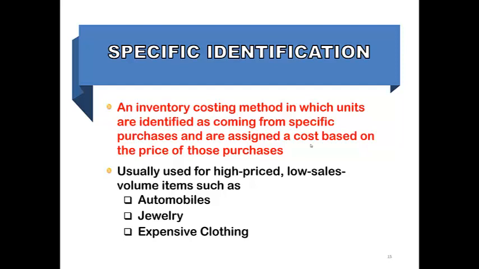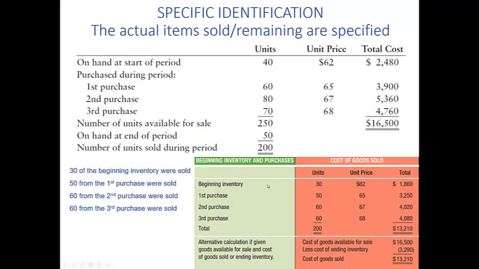So for example, car dealers, when they get a truckload of cars in, they know from the invoice exactly how much each automobile cost, and they can identify those separately. Other industries that use the specific identification method may be those who sell furniture, jewelry, or expensive clothing. You can probably think of a lot more.